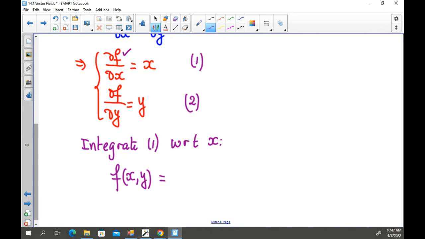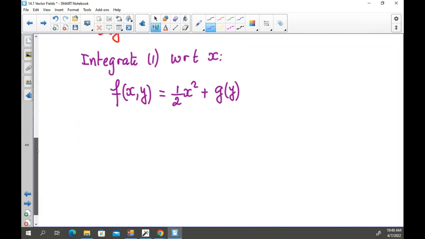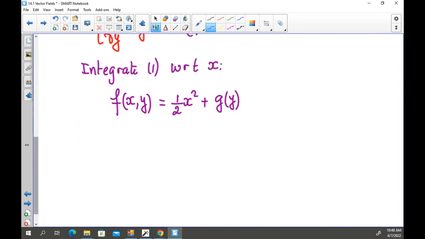And when you integrate x, what do you get? x squared over 2 plus a constant. Constant with respect to x, but it could be a function of y. So I will call it g of y, just a function of y. Let's call this equation 3.